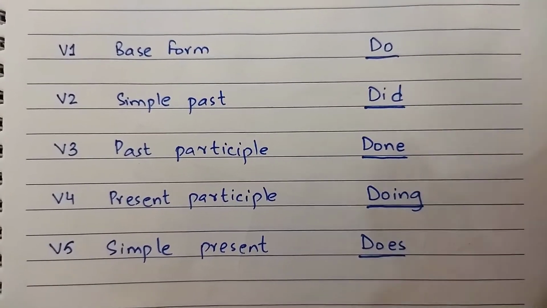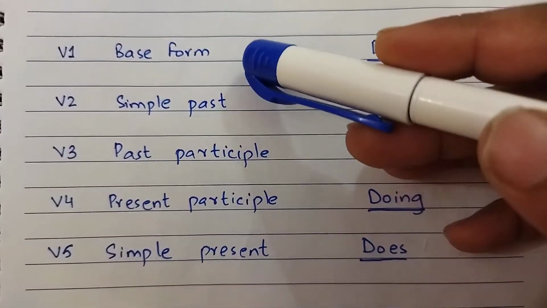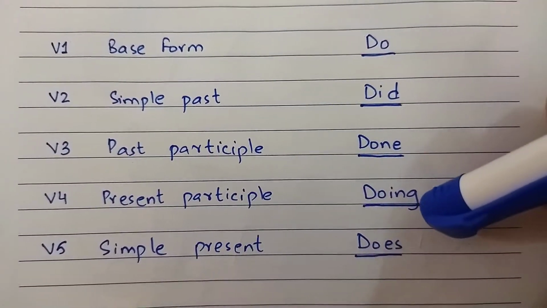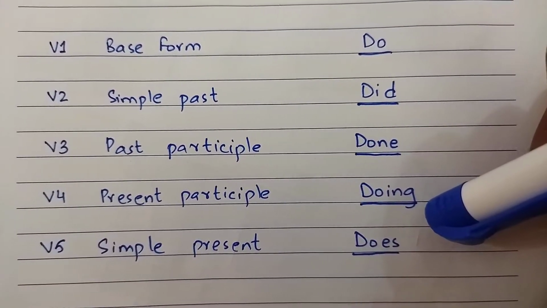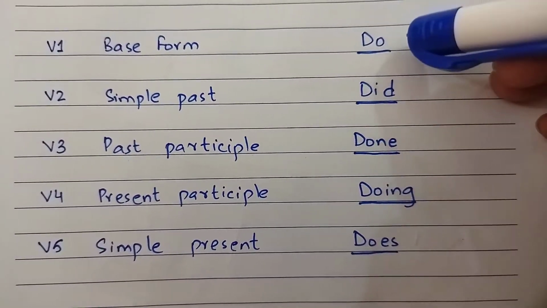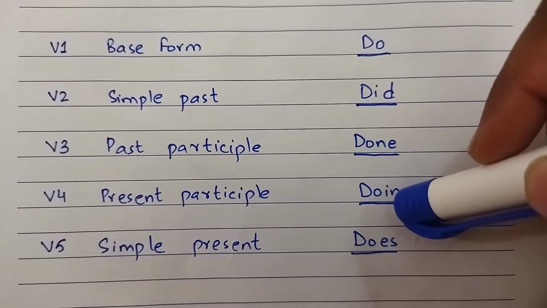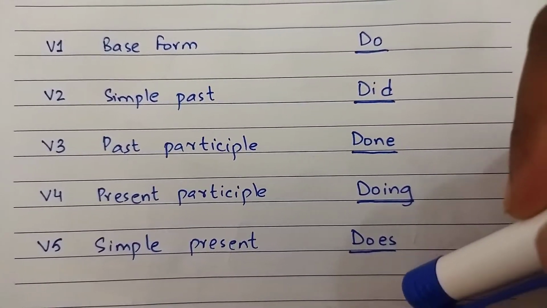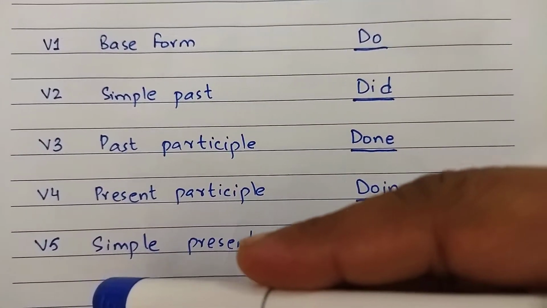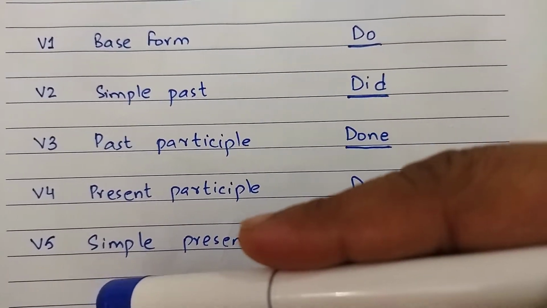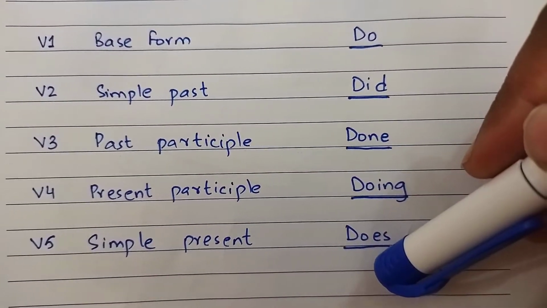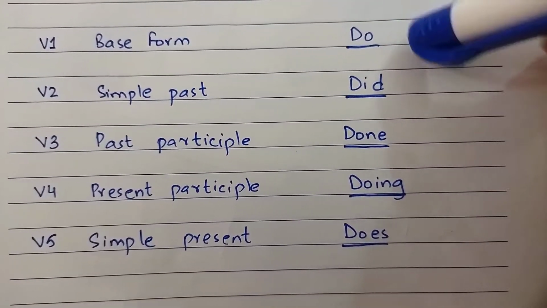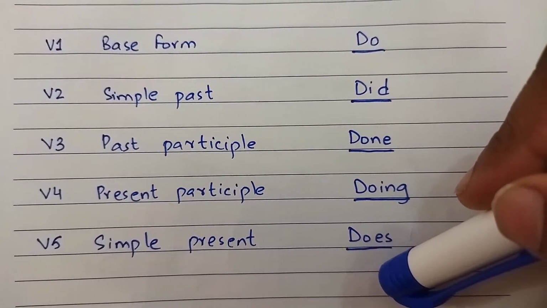I hope, students, it's very clear to you that there are basically 3 forms of verb, but when we need to make a continuous verb, we need to use the present participle and we add ing to make the fourth form of verb. And if we are using a verb with third person singular, it is called the simple present form, that is the fifth form of verb. And what we need to do is just add s or es at the end of a verb to make this fifth form of verb.